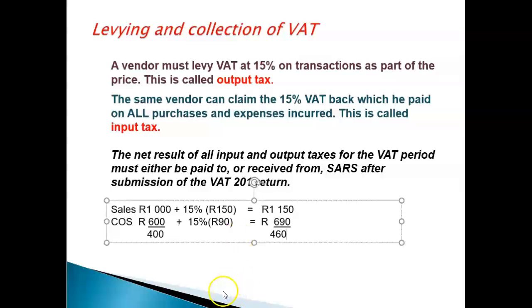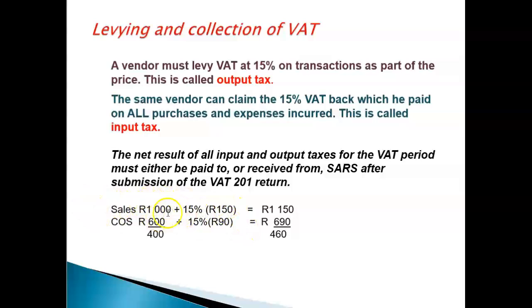Now the answer is quite simple. That 15%, 150 Rand, does not belong to you. You had to levy it on your sales price, but then you were in the position of an agent of the receiver of revenue. You collected the 150 Rand as part and parcel of the selling price of the item.